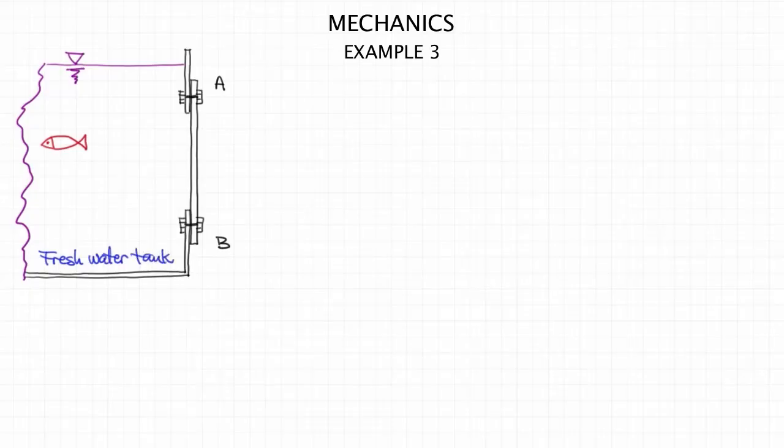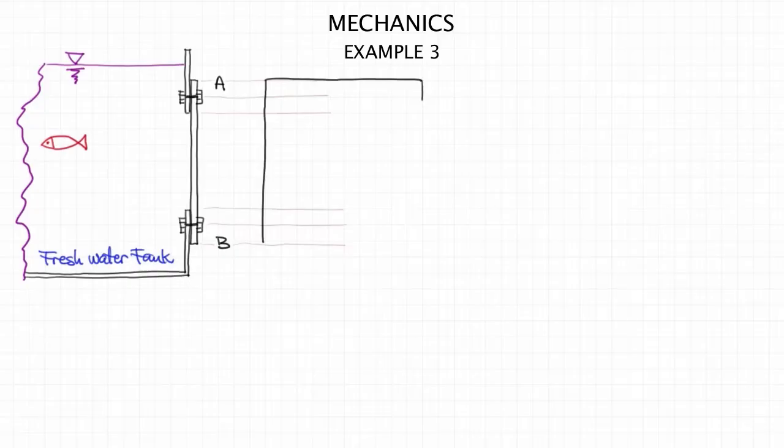Again, a freshwater tank. And this is a side view of the tank. Now let's look at the access door seen from the front, like we were looking from right to left at the side view.